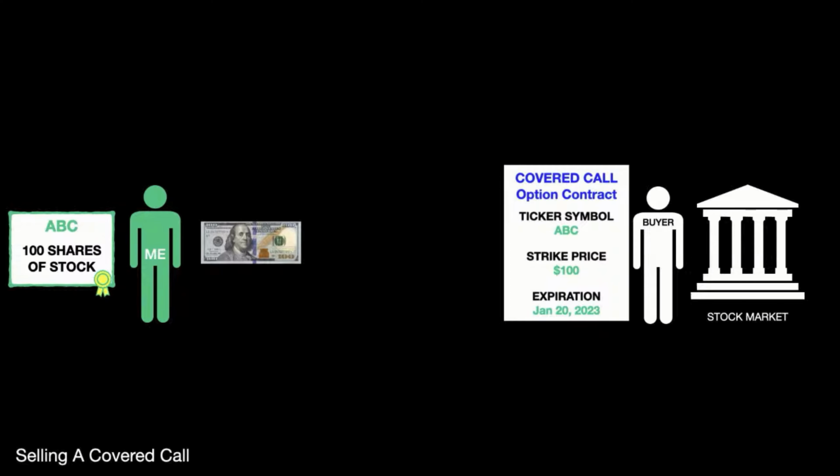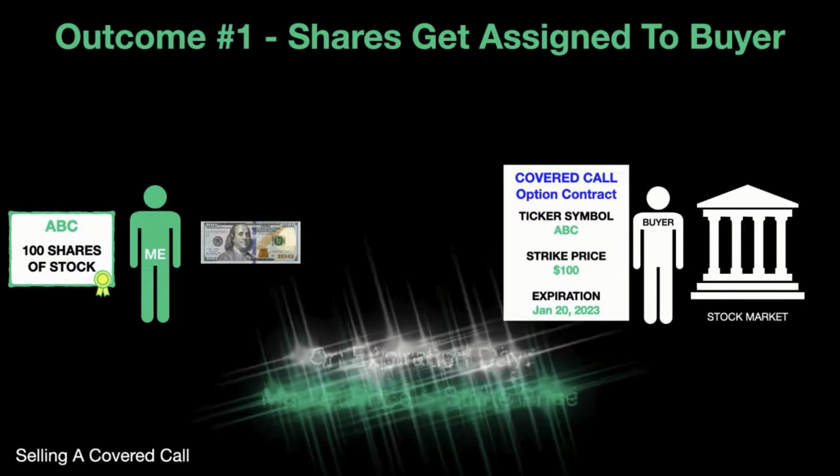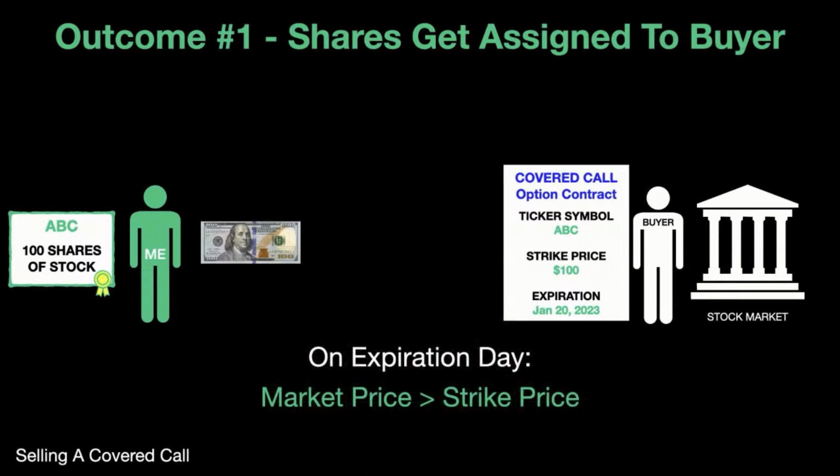Now, let's fast forward a little bit and take a look at what the possible outcomes are. So outcome number one is where, like I mentioned, the buyer will get assigned the shares. So they want to purchase the shares. And the reason this happens is because on or before the expiration date, the market price will be greater than the strike price. Right?